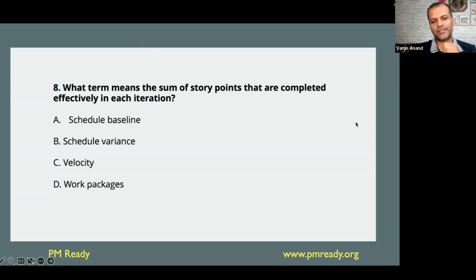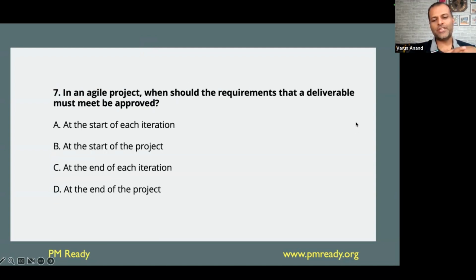In an agile project, when should the requirements that a deliverable must meet be approved? Okay, good question.